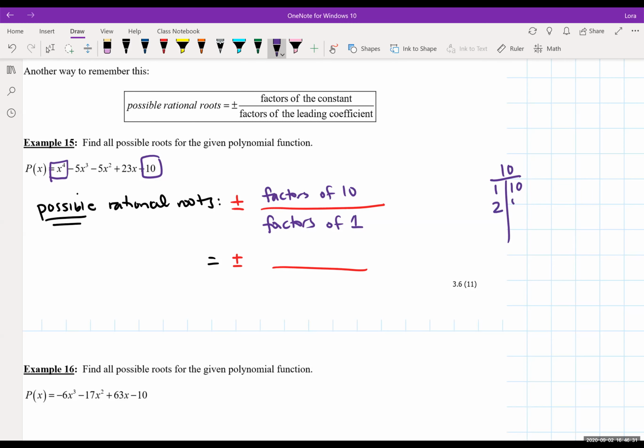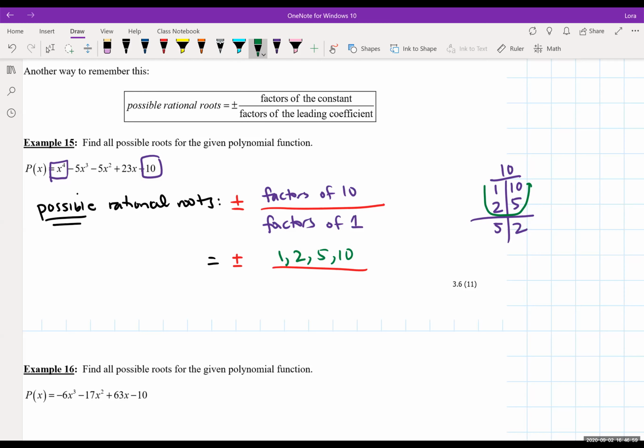Does 2 work? 2 times 5 would work. Then notice that 3 would not go into 10 evenly. Neither would 4. 5 does, 5 times 2. But the minute you see repeats in this type of problem, if you take the factors in order, kind of make a little U shape, you would end up seeing 1, 2, 5, and 10 as factors of 10.